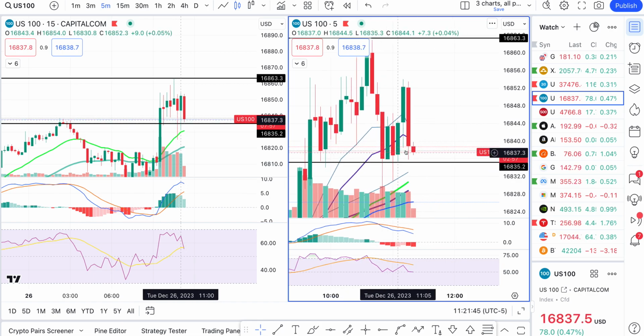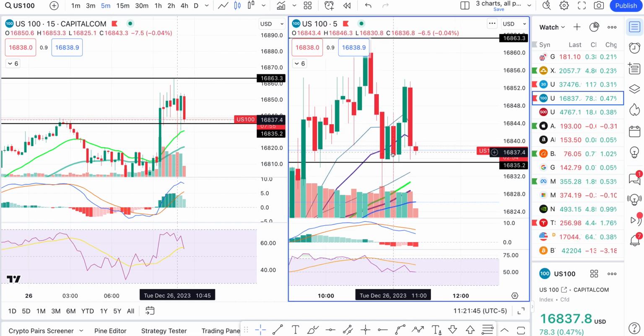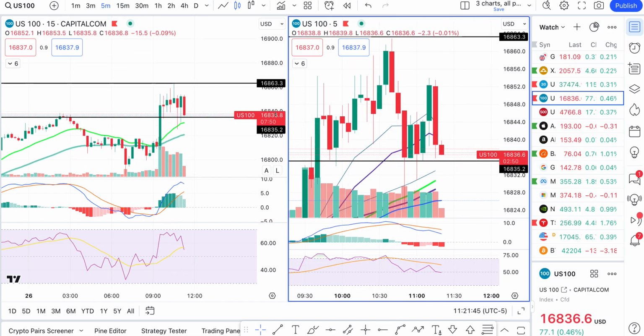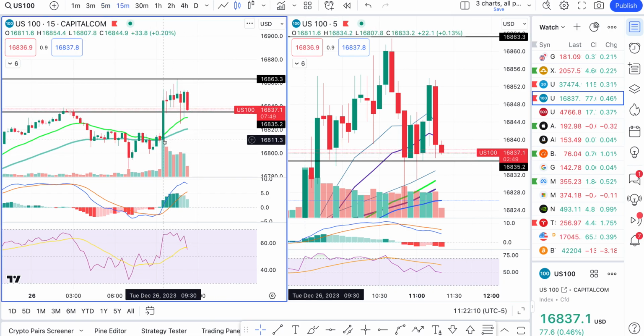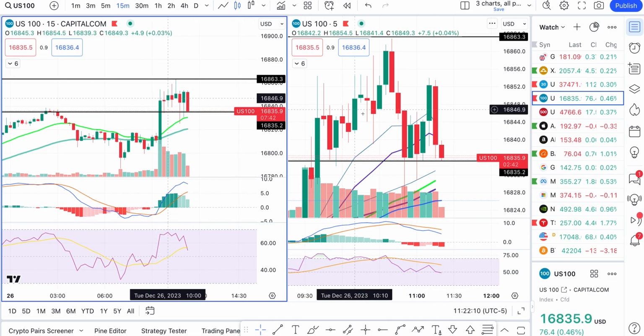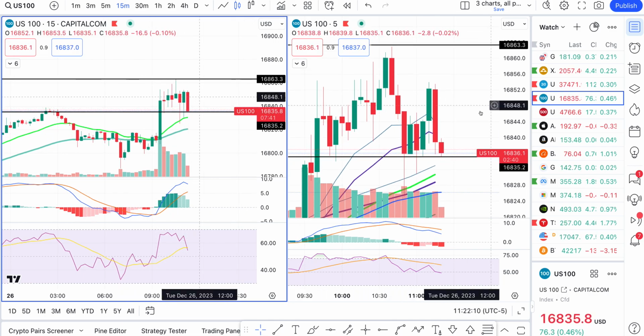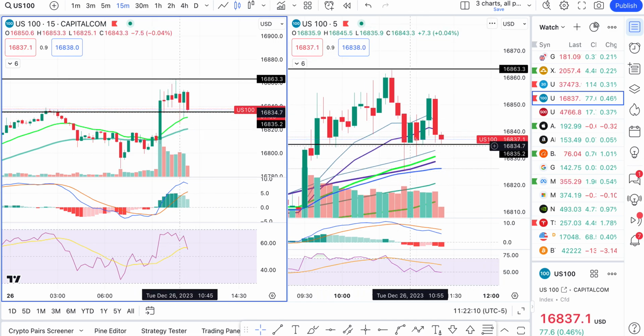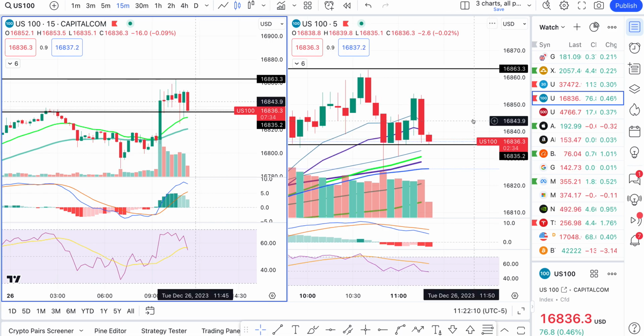Those are the two supports I'm using for the basis of my trade. In addition, we had a big push up at 9:30 as the initial impulse wave, and possibly we'd get a secondary wave when we pull back to these EMAs. We kind of did, but it was pretty choppy.